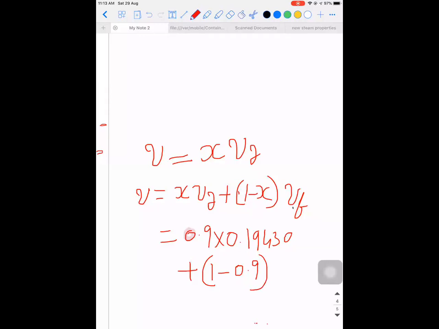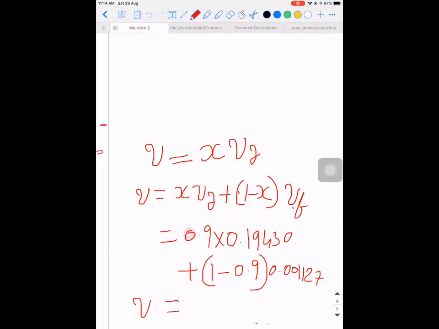Vf is 0.001127. And the effective value V is equal to what after multiplication of these two?